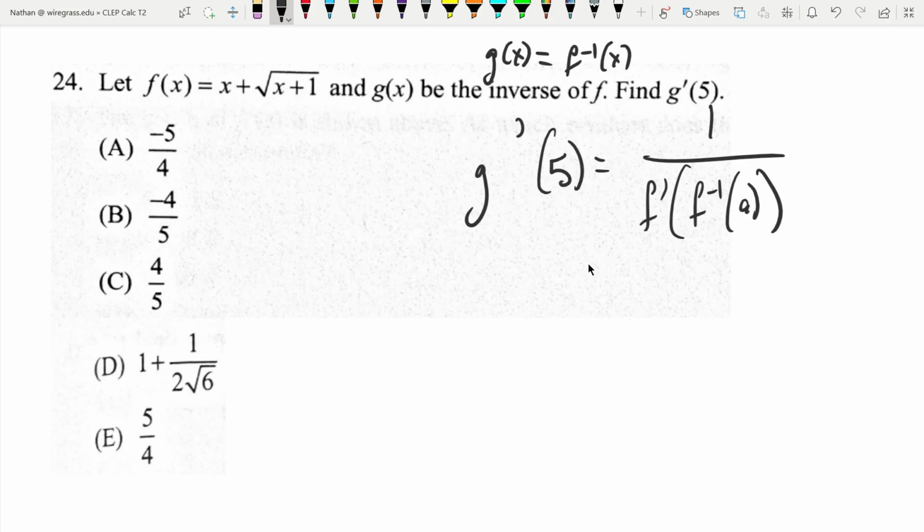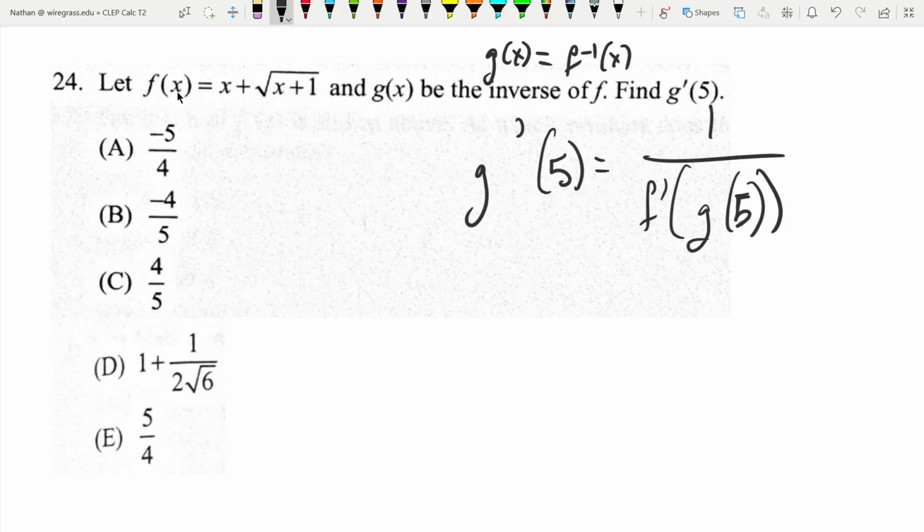So just plug 5 in here. A is 5, and once again, f inverse is just g. So what we need to find is g of 5, and then f prime at whatever g of 5 is.